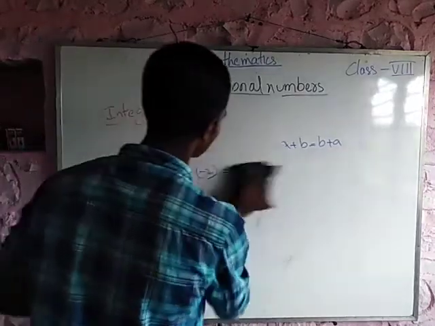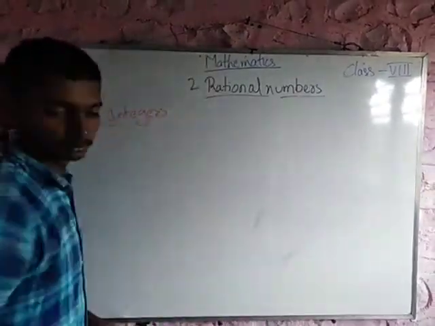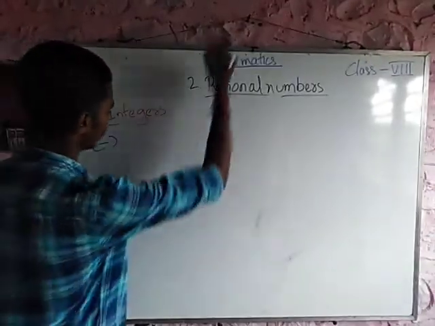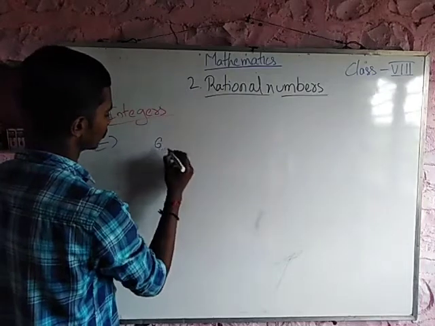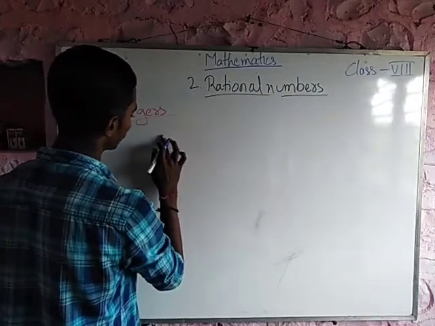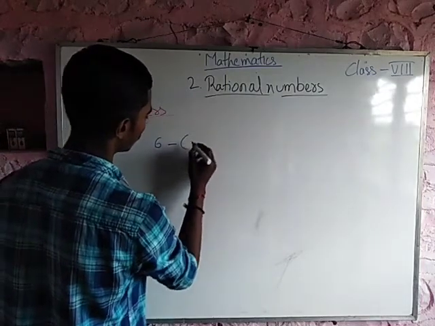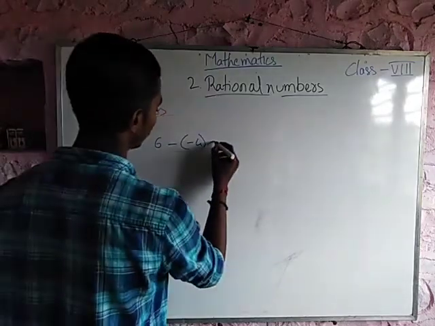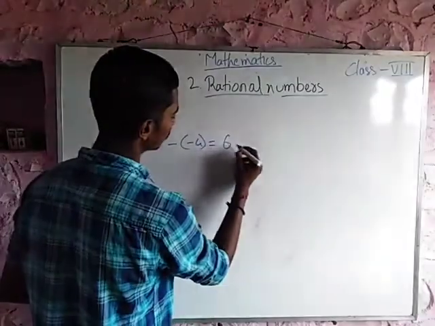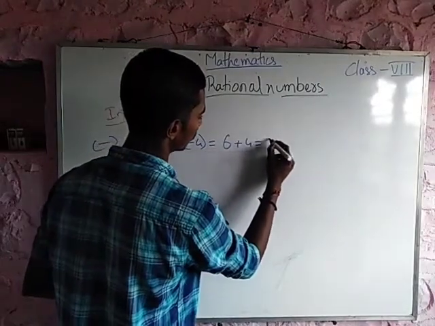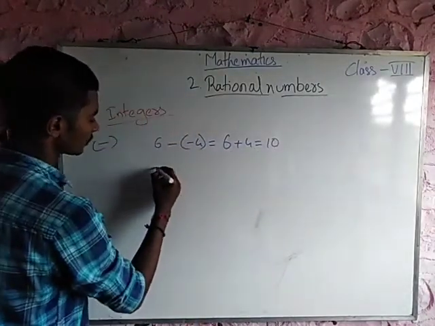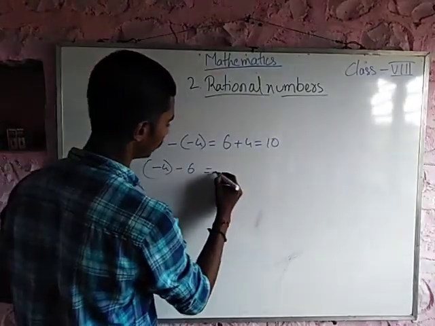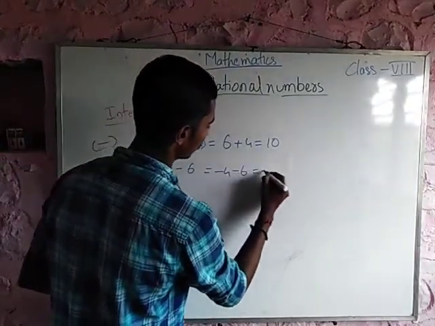Now the operation be subtraction, and the example I'll take as 6 and 6 minus of -4. The value I will get is 6 plus 4, which is equal to 10, and the other way is -4 minus 6, which is equal to -10.